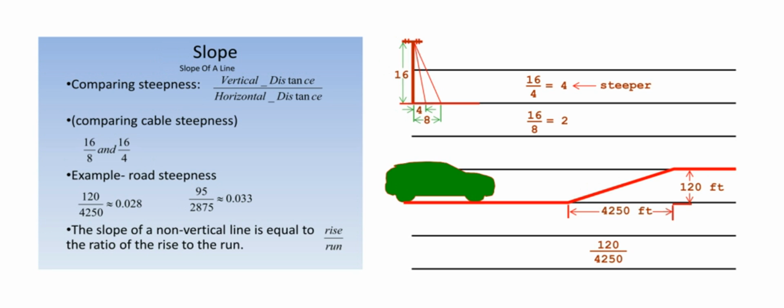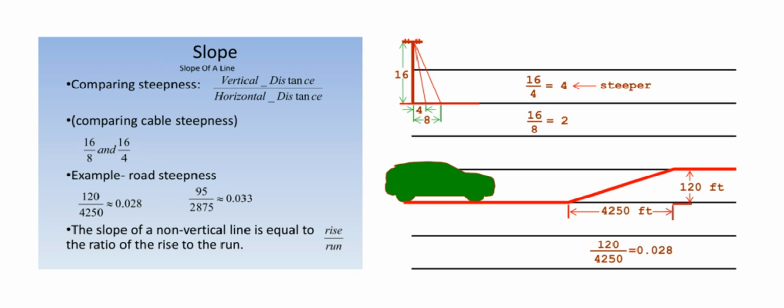And let's just state it once again as a fraction, just the way we have it over on the left side. 120 is how much you went up, and over we went 4,250 feet, which gives us an equivalence of 0.028. So we went up 0.028 per foot, for reference.